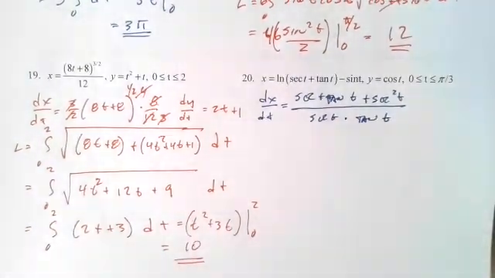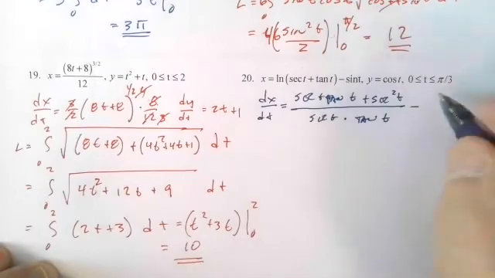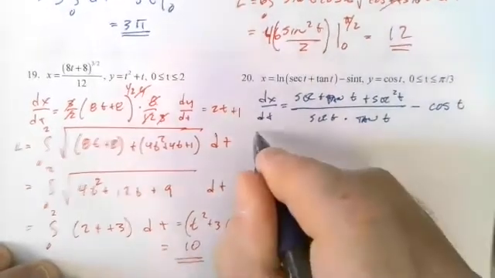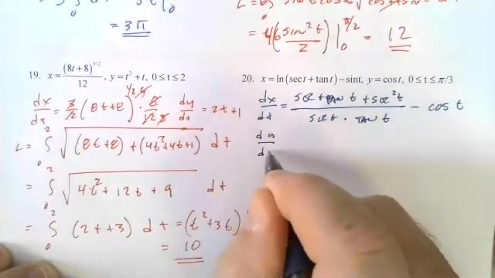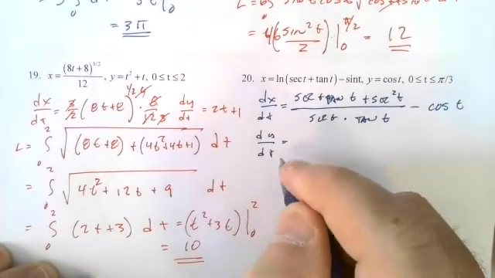If you're not sure where you got that, that's okay, neither am I. Let's see if I can figure it out. The ln of secant t plus tangent of t. Yeah, I did some fancy math and some simplifying. Minus, derivative of that is cosine of t. Wow, it's the first time I've ever done dx/dt first. dy/dt is negative sine t.